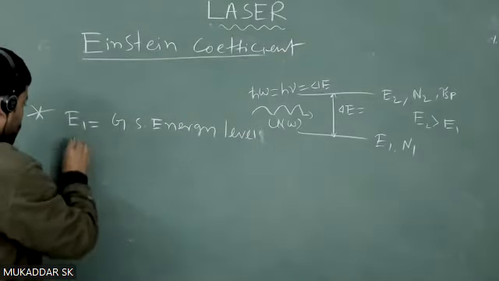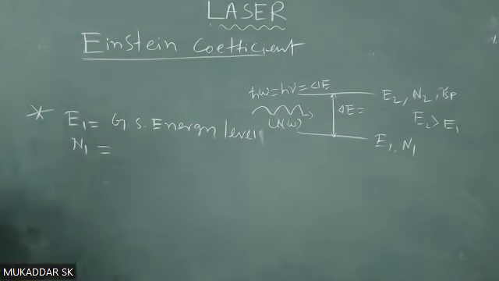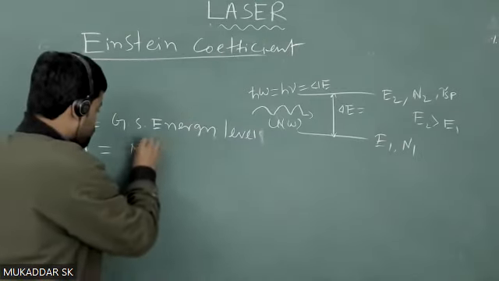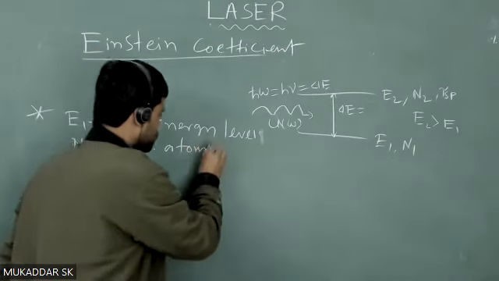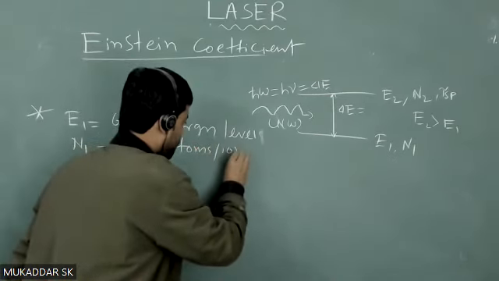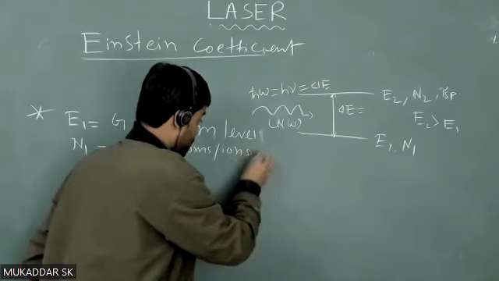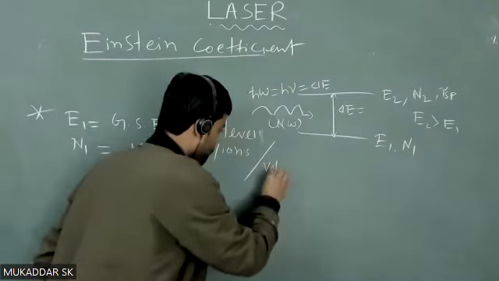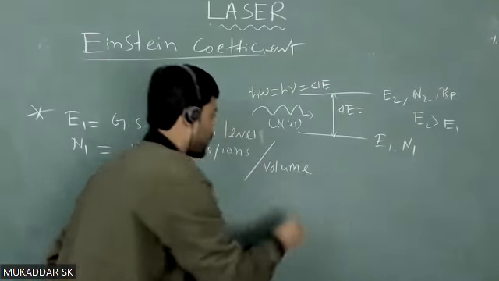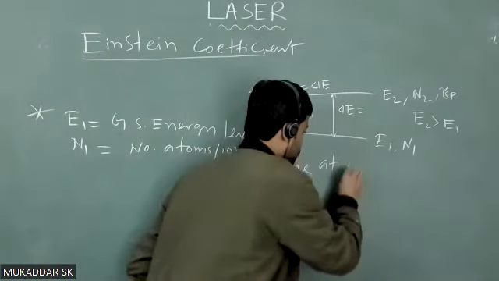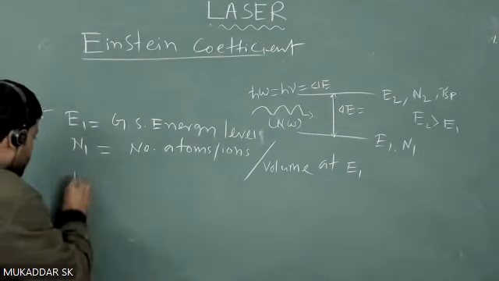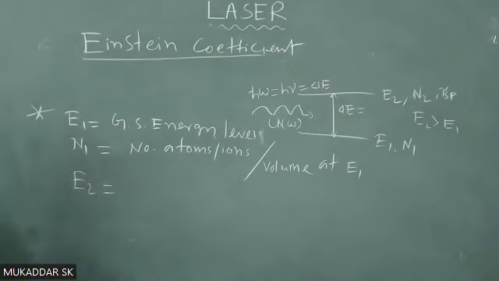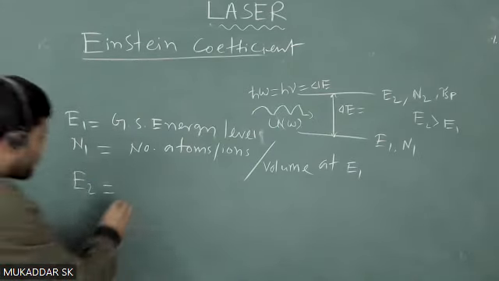And N1 is what? The number of atoms or ions per unit volume at level E1. Then you have E2. E2 is the excited state energy level.